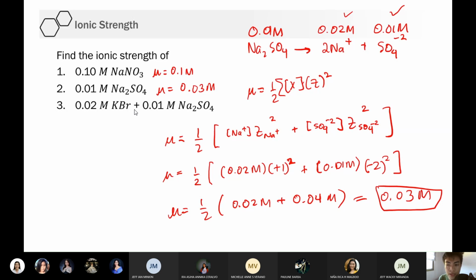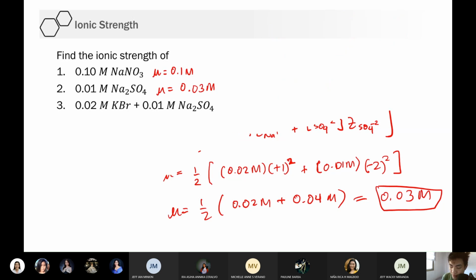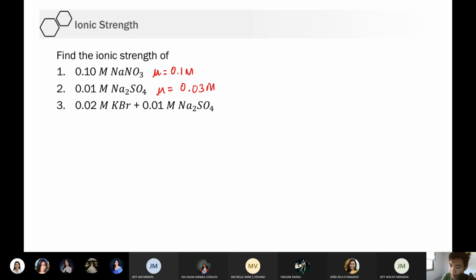For number 3, we have two diverse ions. Let us show the dissociation of those ions and their corresponding concentration. Potassium bromide will dissociate as K plus and Br minus.